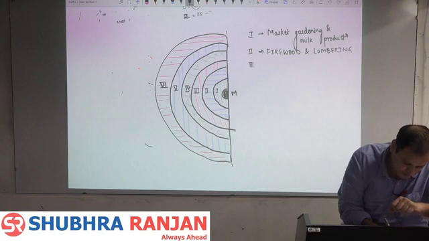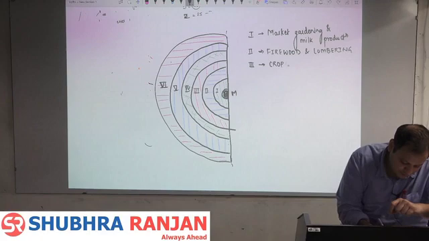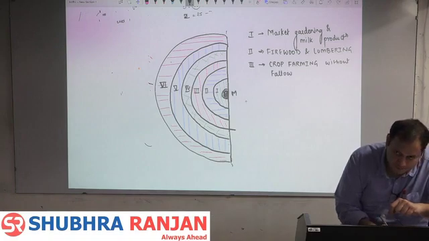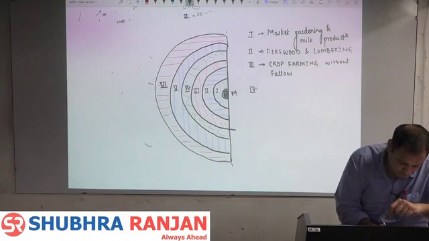Zone 3, crop farming. It can be wheat, it can be anything. Without intensive cultivation है. So without fallow. Zone 4, extensive cultivation, crop farming, with fallow.